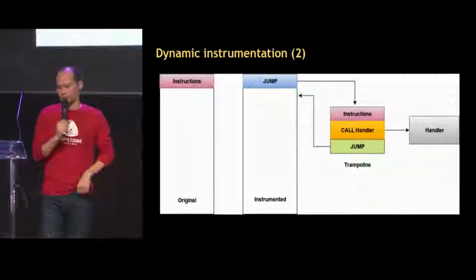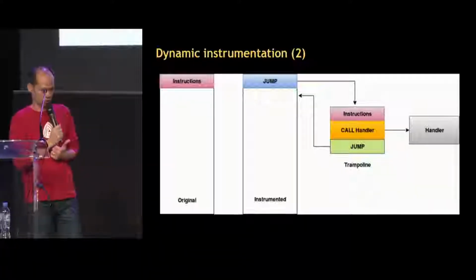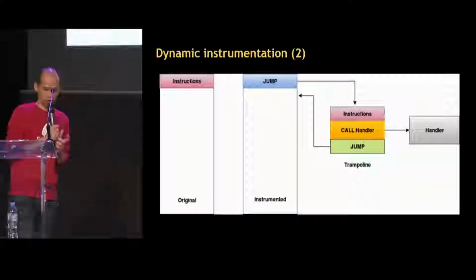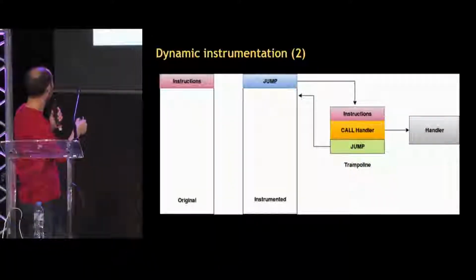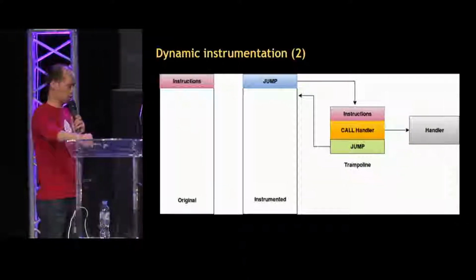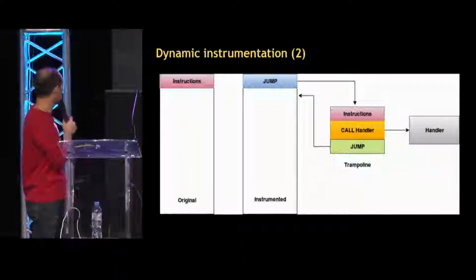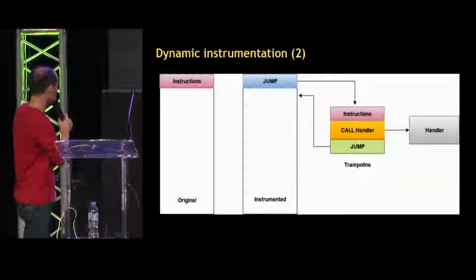There are many types of hooking instrumentation, and here is one very simple example. On the left side, in the original program, you have this code. Now you want to instrument at that red instruction.